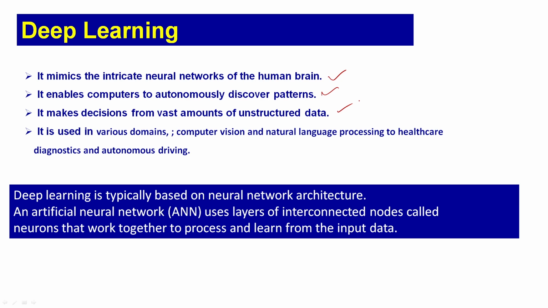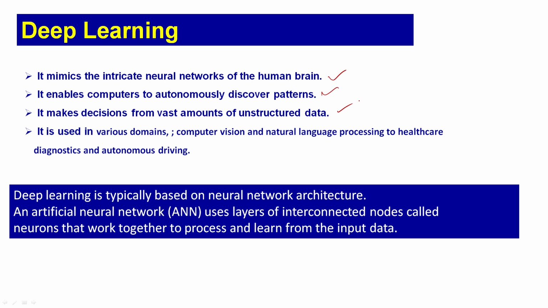In fact, this is basically a sequential learning process, as you will see in the next few slides. So, this is a key aspect you should keep in mind, that it really mimics the intricate neural networks in the human brain, and this enables computers or machines to autonomously discover patterns, and that is very important, right.